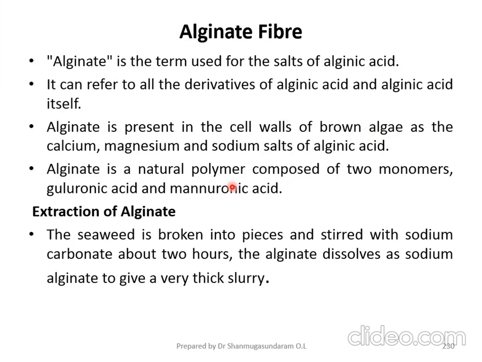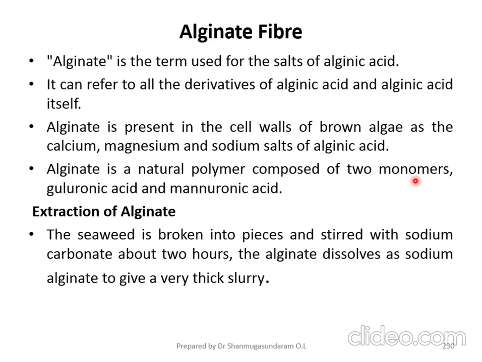Alginate is a natural polymer composed of two monomers. I think you might have studied the terminology polymer. Polymer means a combination of two or more monomers. But here the alginate polymer is composed of two monomers.